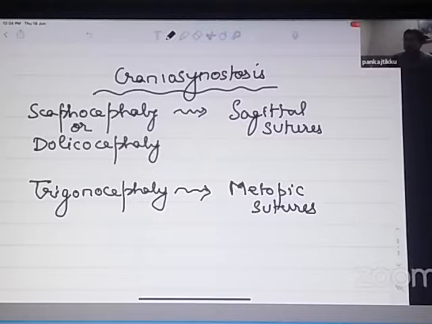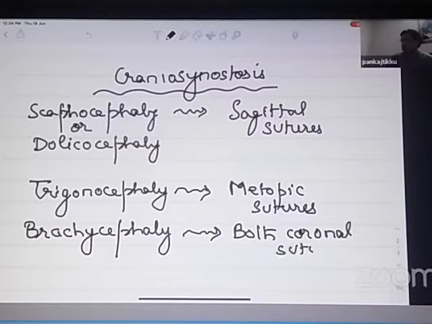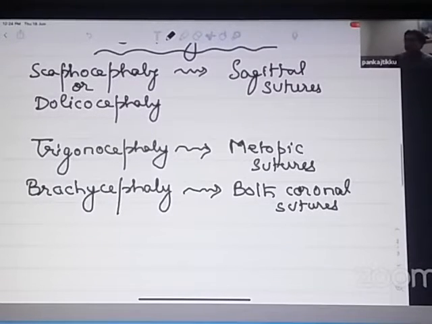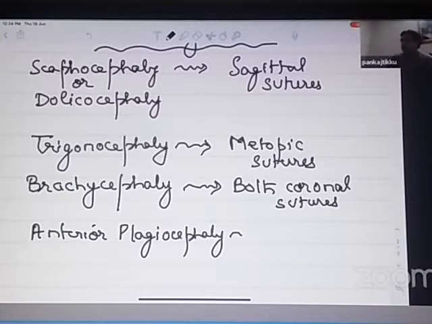Then brachycephaly, premature fusion of both coronal sutures. Then anterior plagiocephaly, premature fusion of one coronal suture.